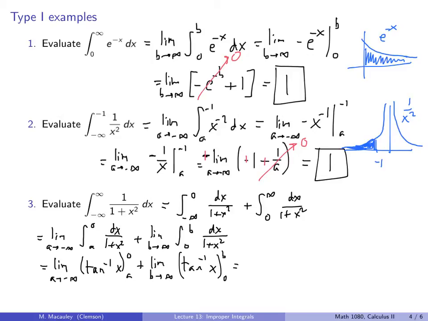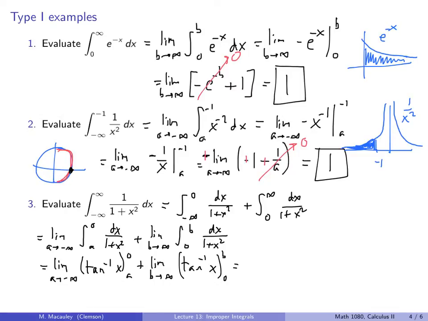I always need to think about that. Where is the tangent equal to 0? Our domain on inverse tangent, or our principal domain, is in this region. So the tangent is 0 right there. So when we plug in 0 to inverse tangent, we get 0.